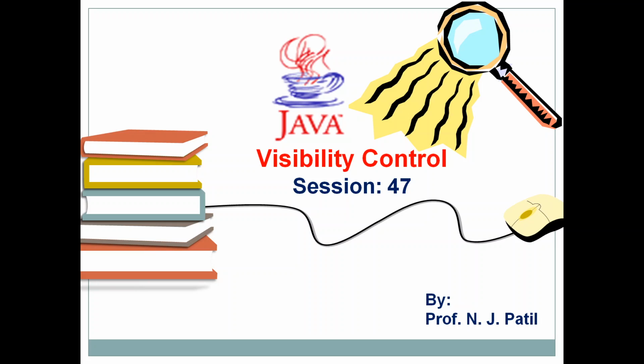If you don't want your data members to be accessed by any other class or any other program, then you can control this by using visibility control. So Java provides visibility control which can be used to hide the data members from other objects or other classes in Java. So let's start with visibility control in Java.